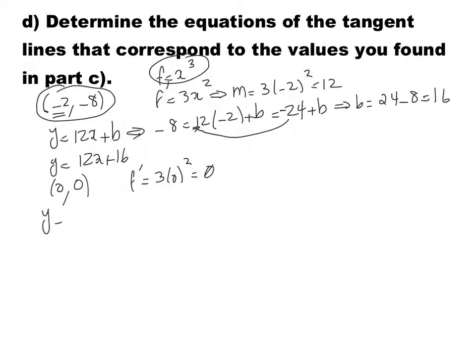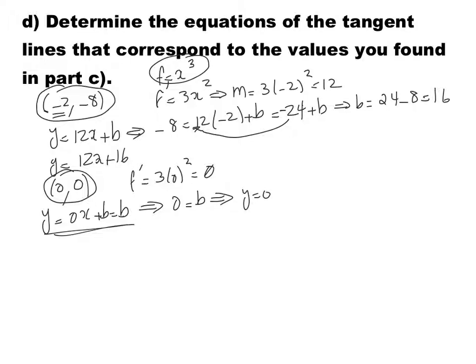So our equation becomes mx, which is 0x, plus b, which becomes b. To find b, I put this point back in the equation, so I get 0 is equal to b. So the equation of the line here becomes y equal to 0.